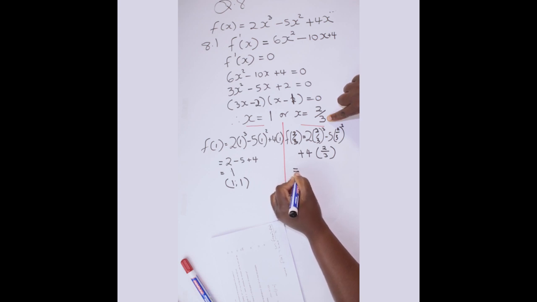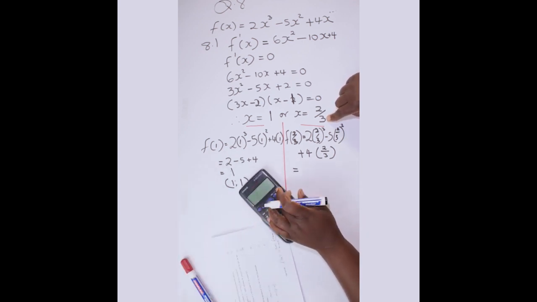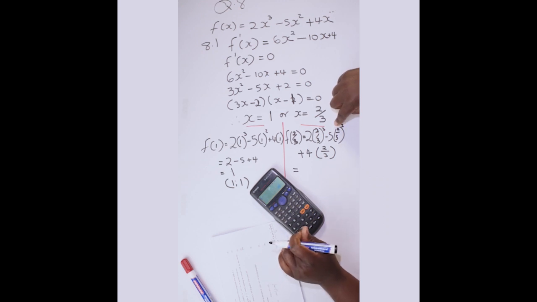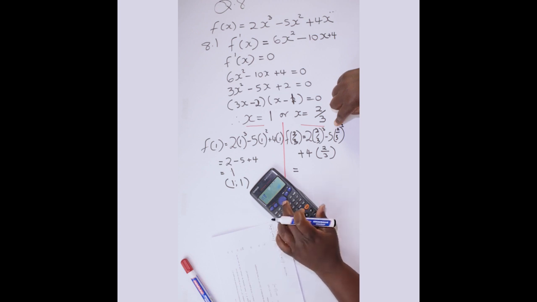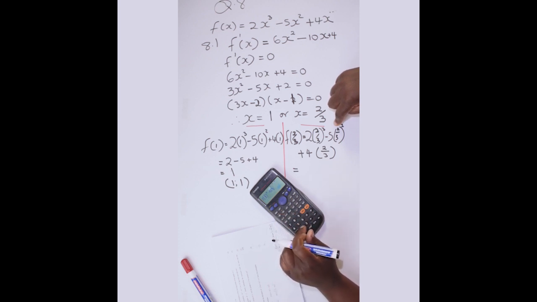To get it right and not get confused, you can go to your calculator and punch it in as it is. So you have 2 multiplied by 2 divided by 3 all cubed. Then minus 5 with a fraction, 2 divided by 3 all squared.